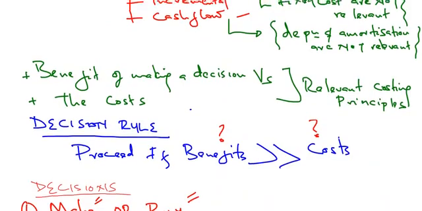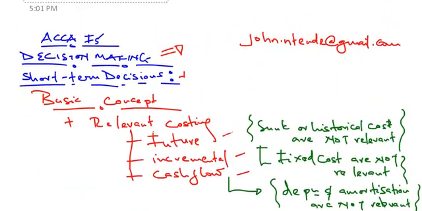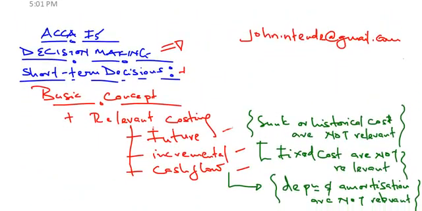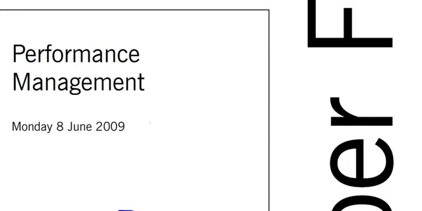What I want to do now is do a real exam question, something which came up in June 2009. Here we have the paper. Please download this paper from the ACCA website, ACCAGlobal.com.